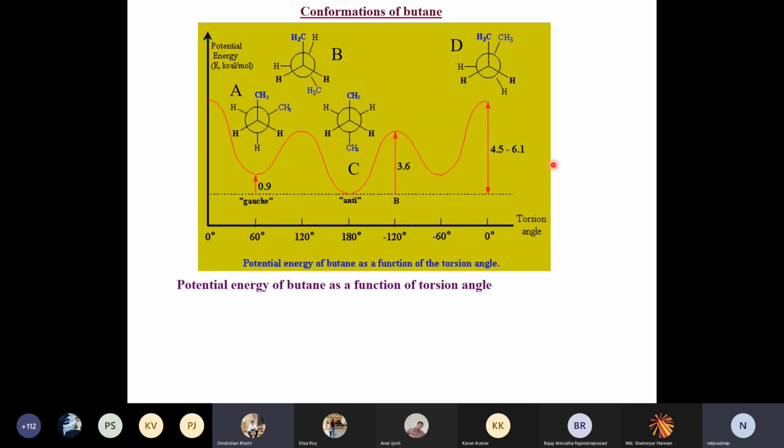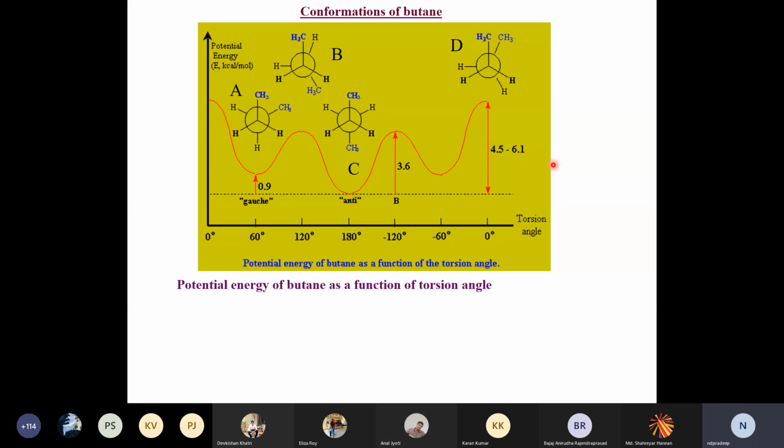But once you go for the minimum energy conformers, even 1 kilocalorie can exist very nicely at room temperature. Those conformers exist. That's why we always give that 1 kilocalorie as an option. So you can consider gauche also to exist at room temperature. The minimum energy conformers are anti as well as gauche.